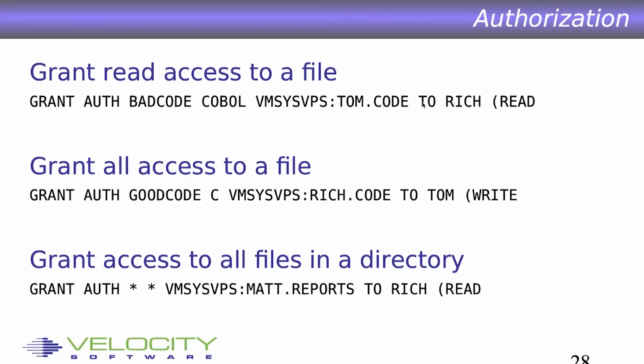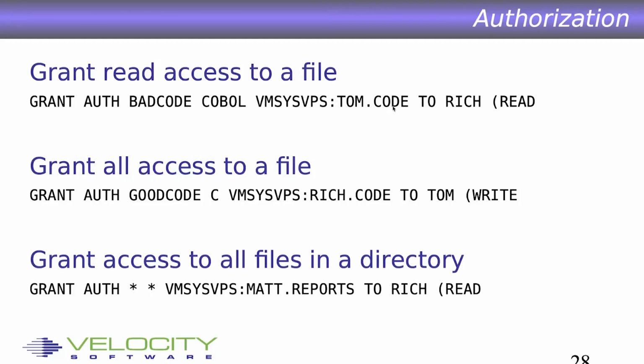And then the rest of the command is the same. So I'm granting this access to Rich with read authority. So the Rich user can read this COBOL program, bad code COBOL, on Tom's code directory. That's how we read this.